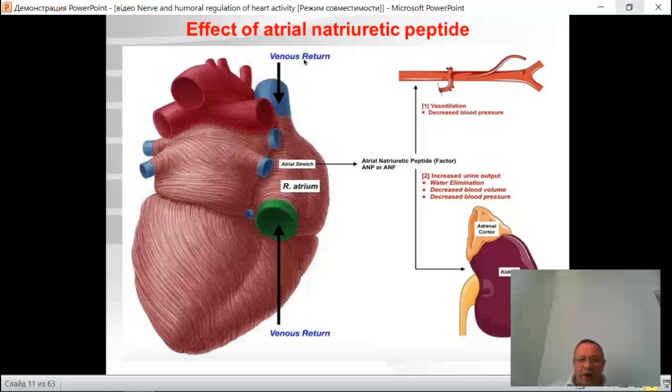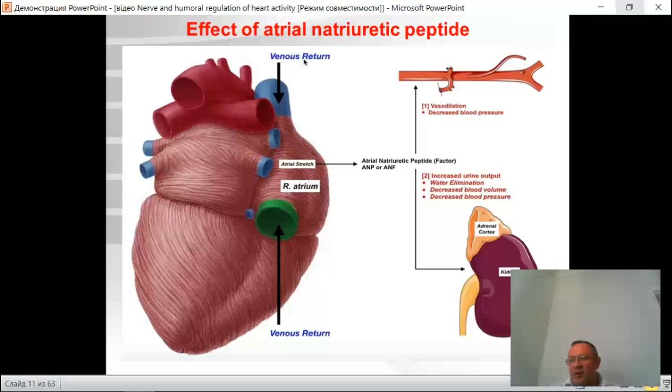Effect of atrial natriuretic peptide. On the scheme, you can see the different influence of natriuretic peptides or factors on vessels and urine system. Vasodilation. This is a fast effect on vessels, and as a result, decreased blood pressure.